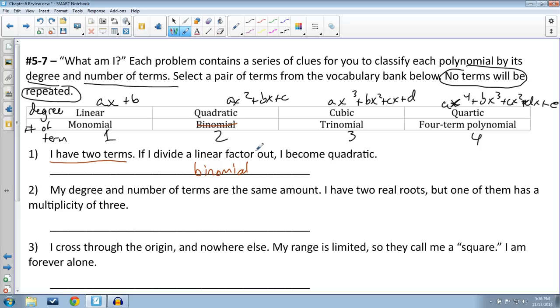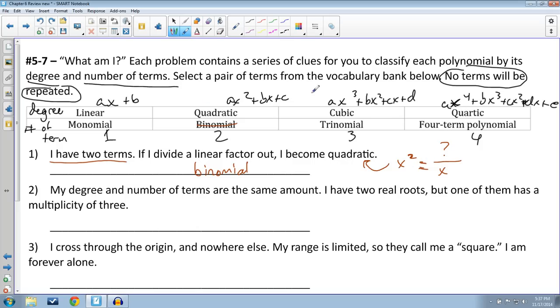If I divide a linear factor out, I become quadratic. Okay, quadratic means it's an x squared thing. I'm not saying this is x squared. It's saying if I divide a linear factor out, I become quadratic. So what divided by a linear guy is quadratic? Well, you basically lower 1 degree. If I divide by x, that means I was 1 degree higher.